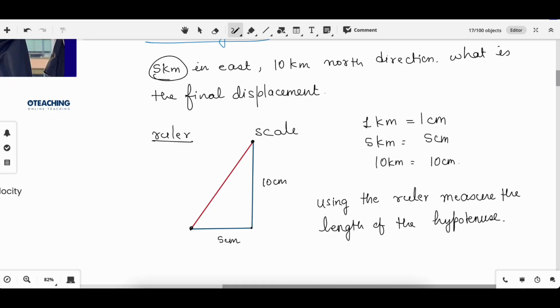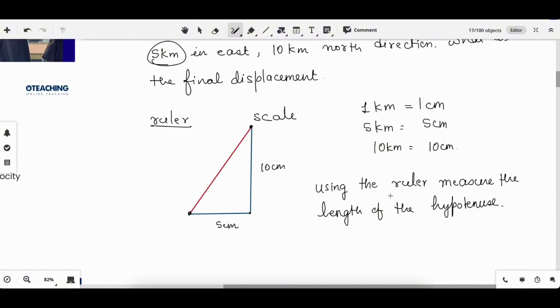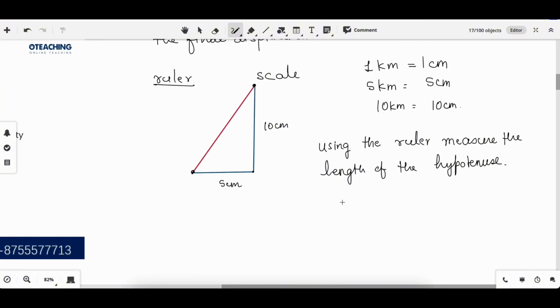Okay, so here if I measure it or if I calculate it, what I'll get here is around 11.1. I just calculated it because I do not have a ruler here, but you can measure it and find out the final displacement here.